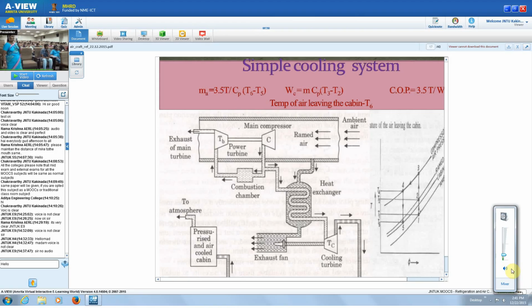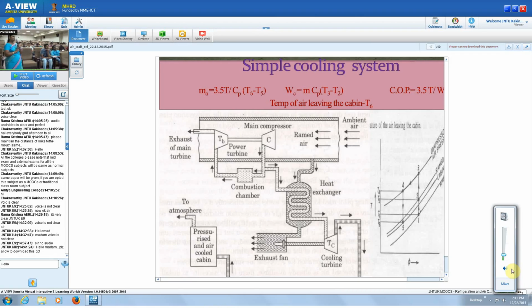So in this simple cooling system, apart from the combustion chamber, compressor and turbine, the other equipment required are the heat exchanger, a cooling turbine, and a fan. You can see this in the flow diagram.